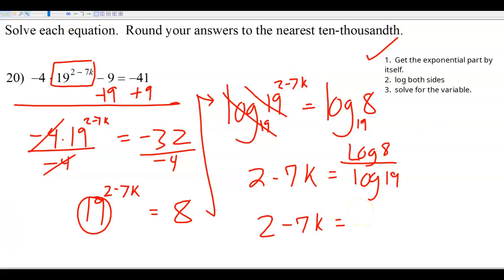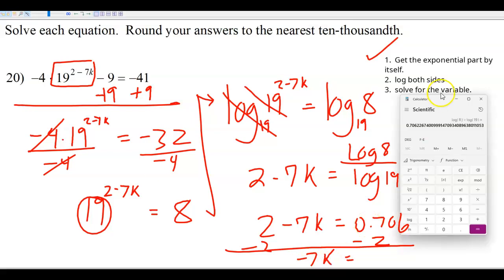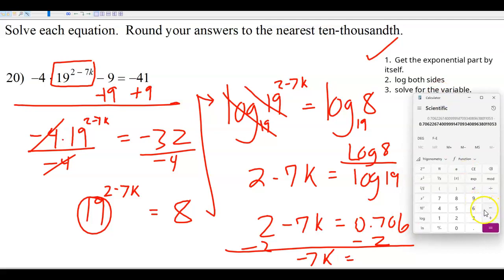And for that, I get 0.706. Then we're going to subtract 2. Let's see, what would that be? Let me pull out my calculator here again. We're going to minus 2 from that. I get negative 1.293.